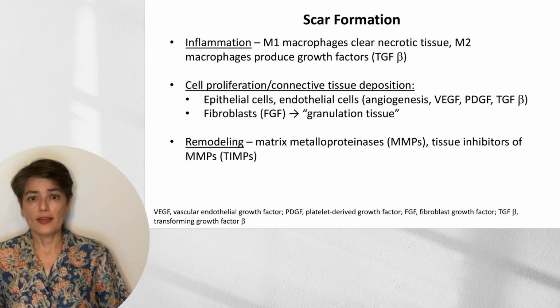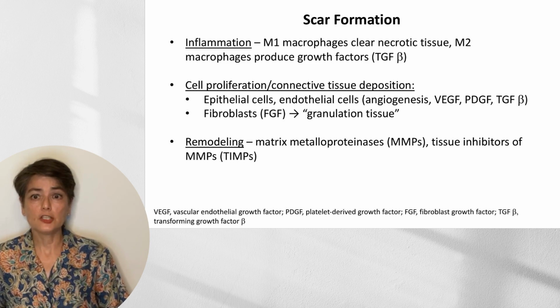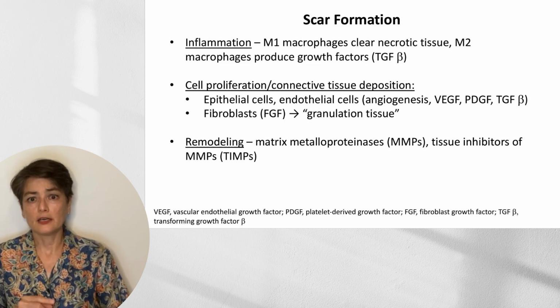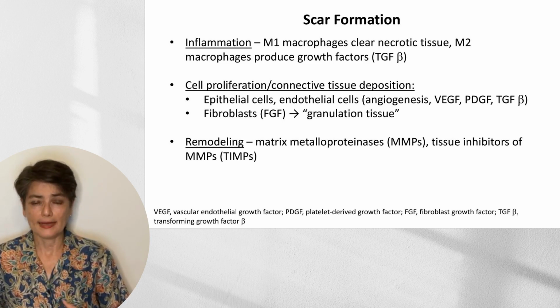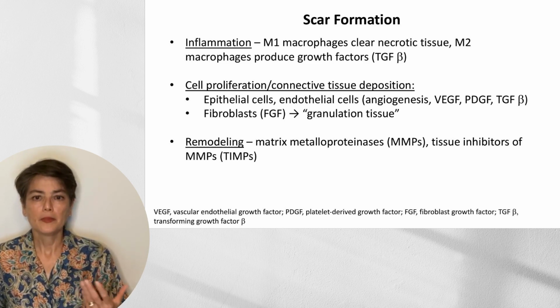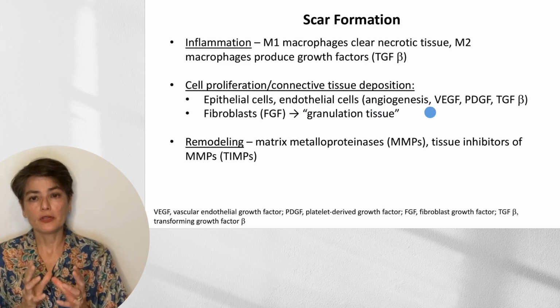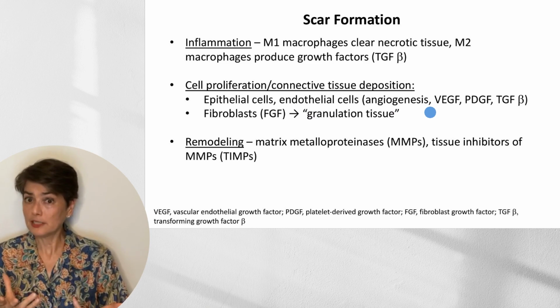In the next phase, cellular proliferation and connective tissue deposition, we're going to have proliferation of a variety of different cells, so epithelial cells, endothelial cells, and fibroblasts. And I've listed the factors that are involved: VEGF, PDGF, transforming growth factor beta, fibroblast growth factor. And when we talk about endothelial cell proliferation, we're also talking, very importantly, about angiogenesis. So if you are filling in a large defect, you have to get a blood supply to it.